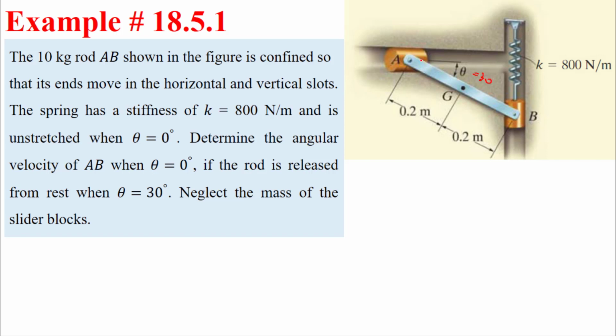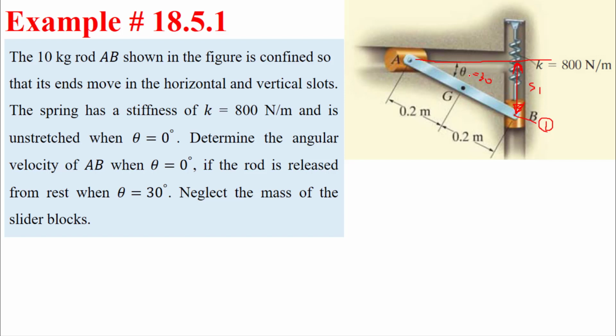If the rod is at this location, it will have no stretching. That means this distance represents the stretching of the spring at state 1. So this distance represents what? S1.